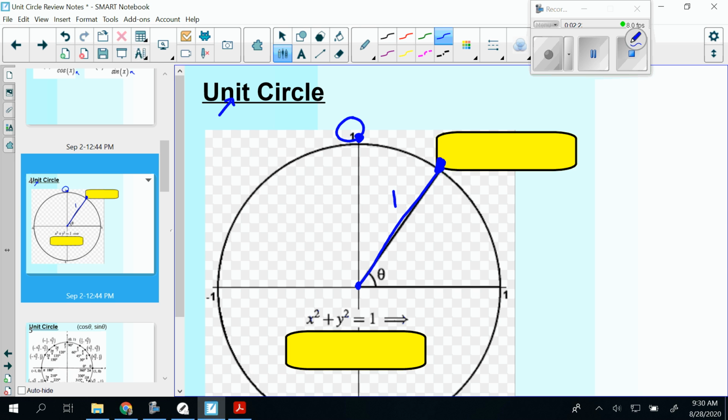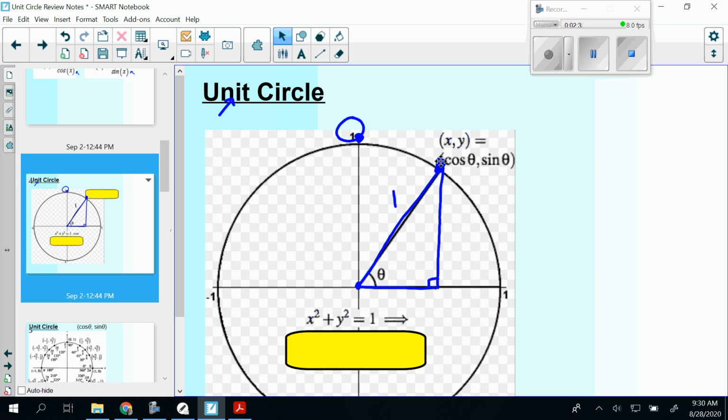Also created by this ends up being a right triangle, and we know some things about right triangles from trig. If we were to call this point the point (x, y), this would be our x value, this would be our y value, and using some trig, we can come up with some equivalencies.